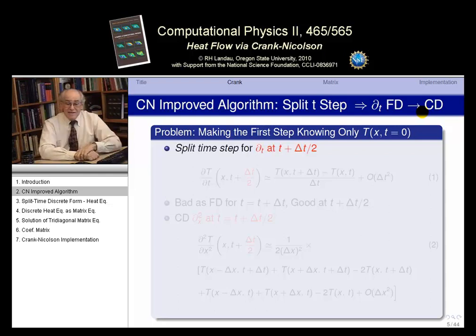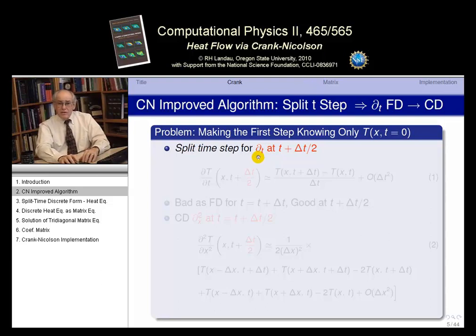Okay, so it's a method which uses, not just here, but in many places, this method known as a split time step. So we may have our time step as delta t each time on the lattice, but we actually will find the solution at a time in between. So let me show you what that means.